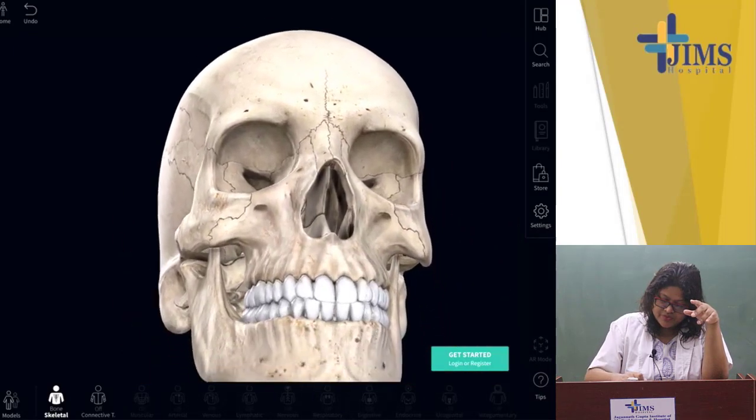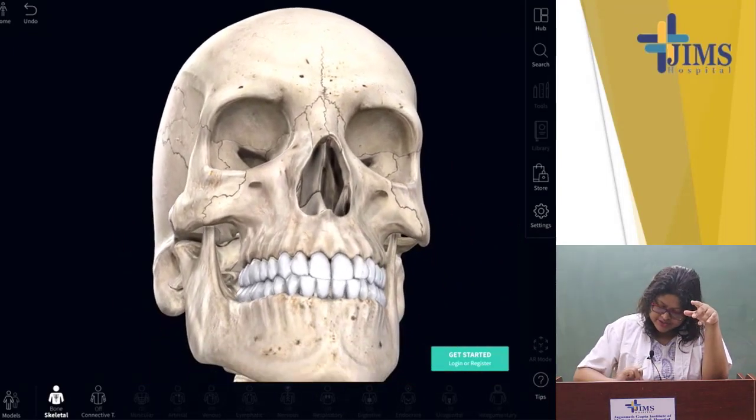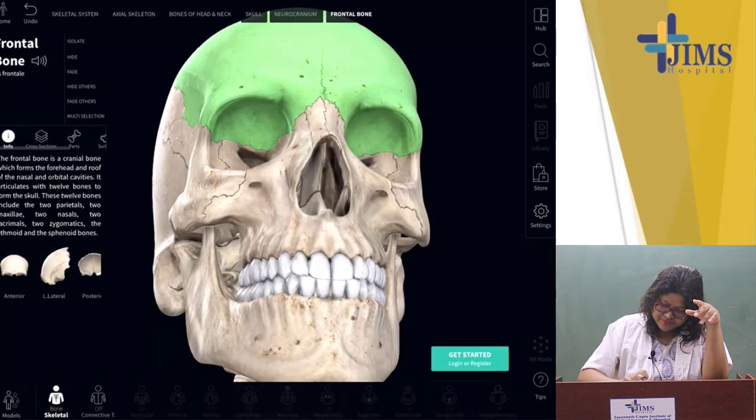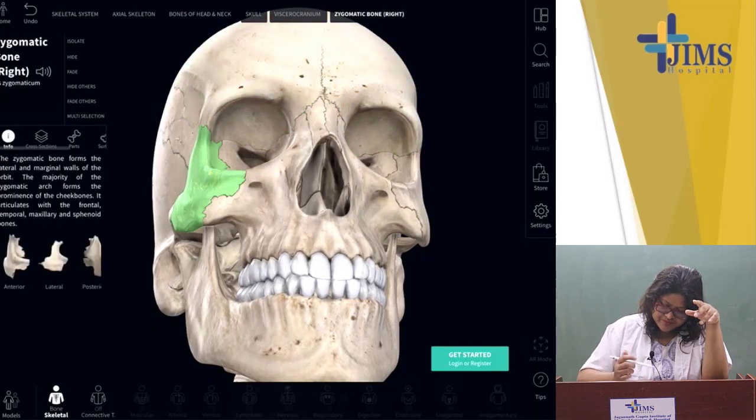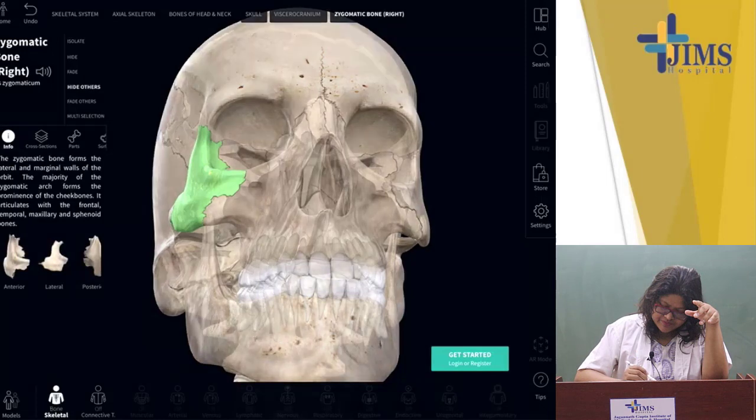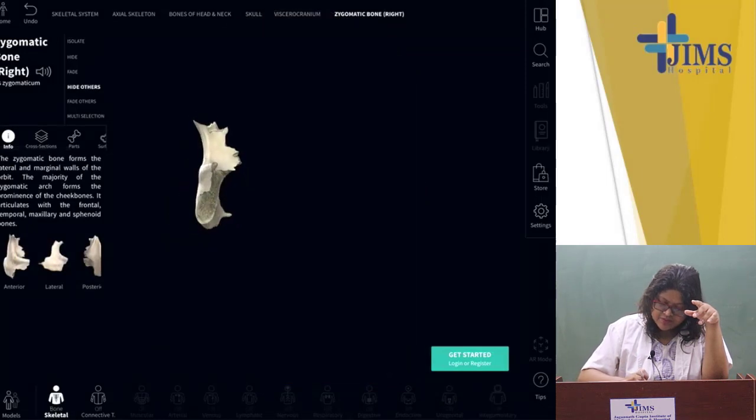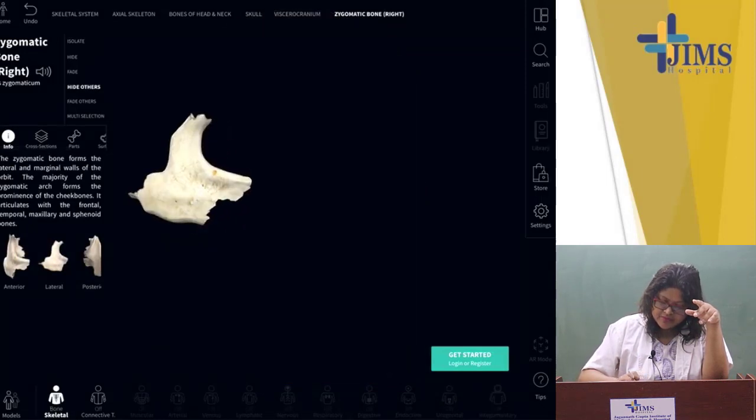If we isolate this, this is the zygomatic bone.